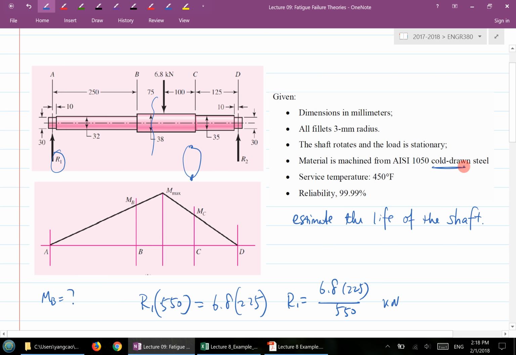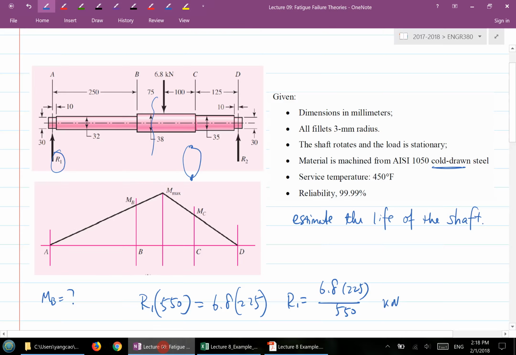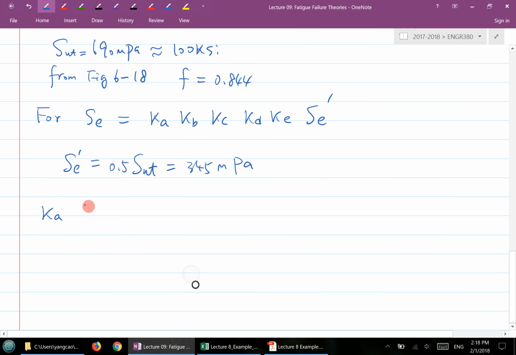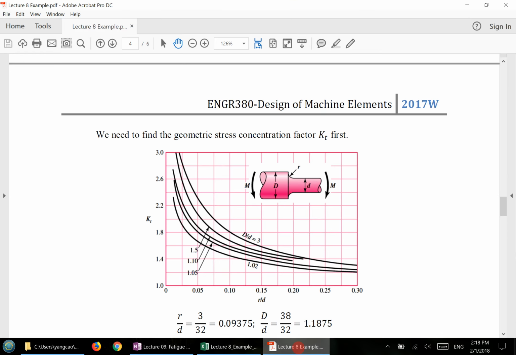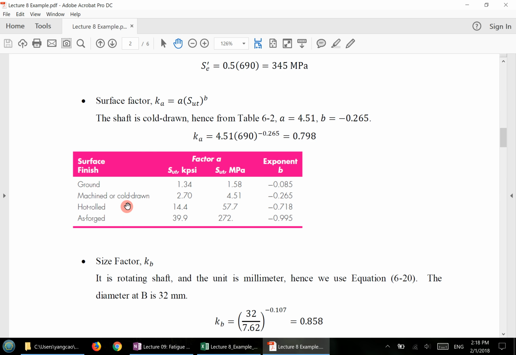You can take a look at table 6-2. See that cold drawn there, right?